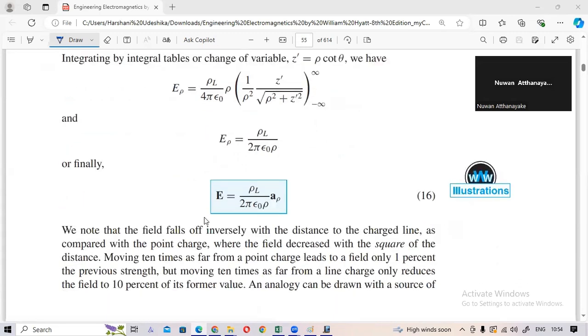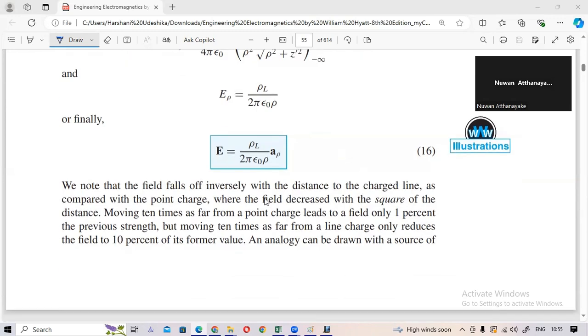We have to take the vector addition of each component, so we have to do integration because there are an infinite number of point charges along the infinite length charge. So we have to get the resultant E field created by the line charge. This is the final result, so we have to apply this to solve the problem.